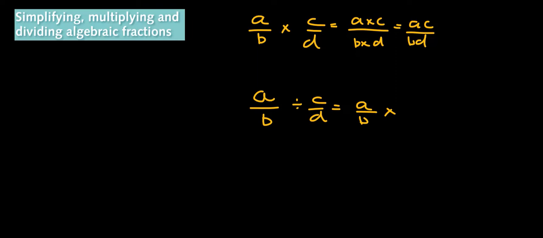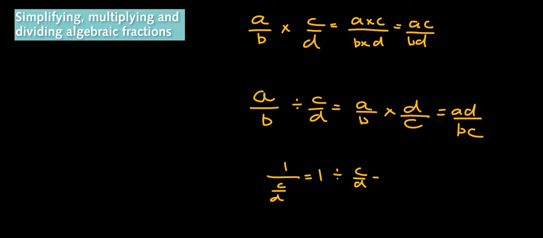Here we write the first fraction down again. We change the operation from division to multiplication. We invert the second fraction. That means to turn upside down. AD, BC. And what's going on here is that we write in this fraction like this, which is the same as this, which is what we have here.